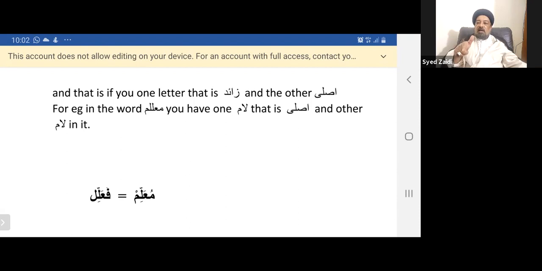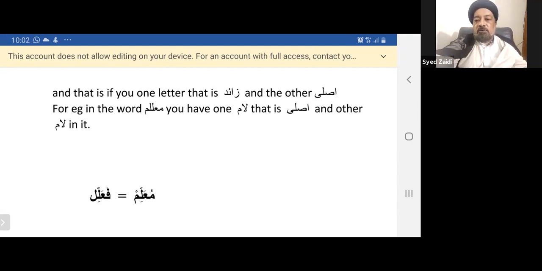So one lam is from ilm, one is asli and one is zaid. But which one is zaid and which one is not? The first one is zaid or the second one is zaid? The first one is asli or the second one is asli? There's no way to find out. Therefore, once there's no way to find out, you just leave it as it is. Muallim is equal to fa'alil.